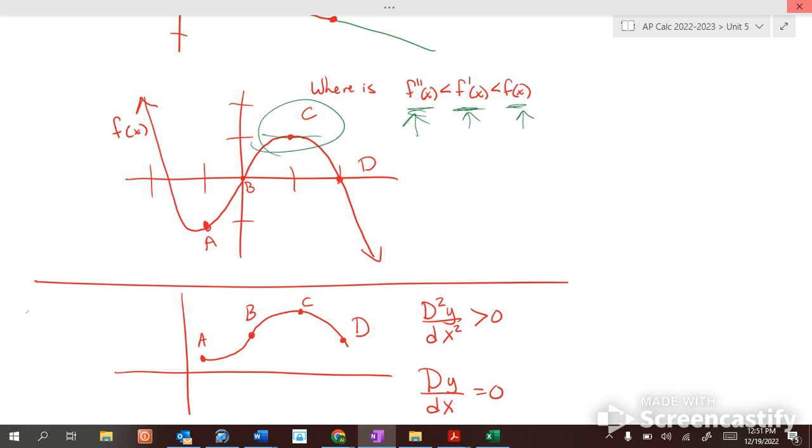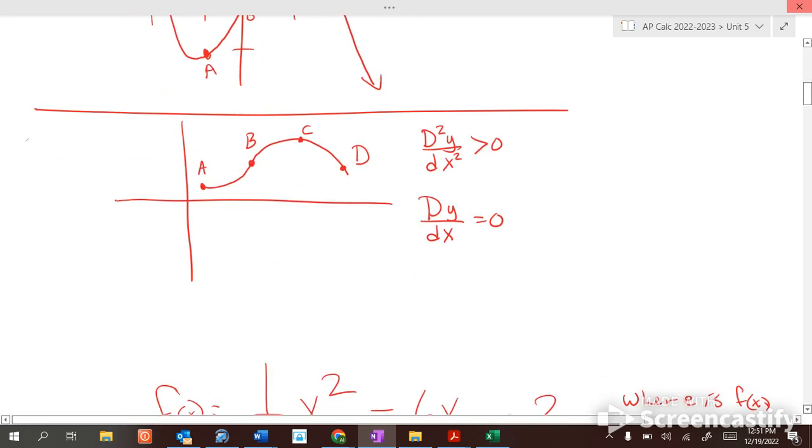Okay? All right. So where is the second derivative greater than 0 here? A, because it's concave up there.